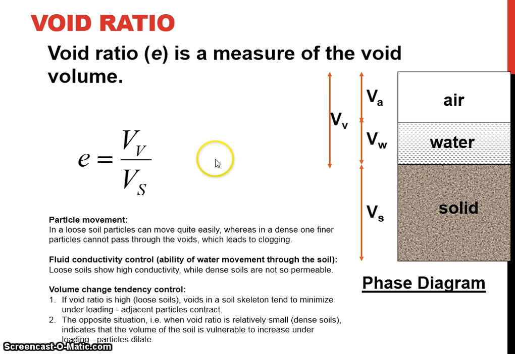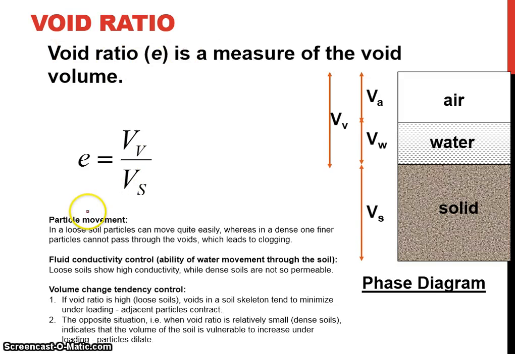Later I will show you the value of the void ratio. Organic clay is sometimes 2.5 up to 3.2, which means it is quite loose. The lower the value, the denser the soil.